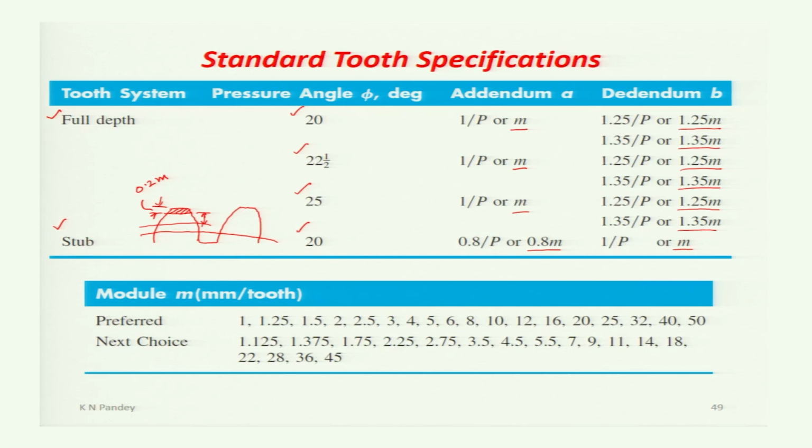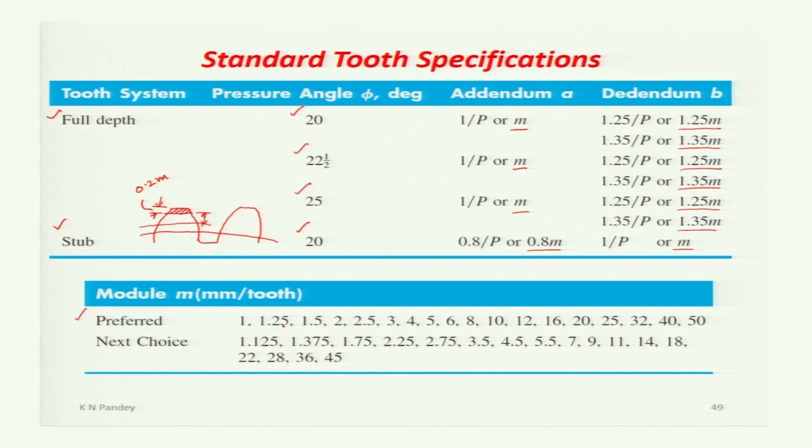Now gear teeth are made with standard modules, and the preferred modules are given in this row: 1, 1.25, 1.5, 2, 2.5 and so on. And the next choice is, if you want to make a gear with module in between 1 and 1.25, then that is 1.125.